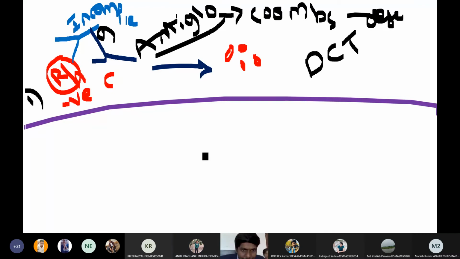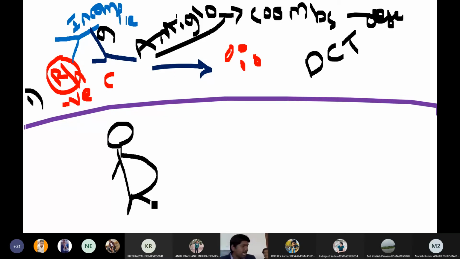Please listen to me. I'm justifying the direct Coombs test. In what condition will we see these kinds of incomplete sensitized red blood cells? Now I will tell you. Pay attention. I have a pregnant mother, and this mother's blood group is negative.